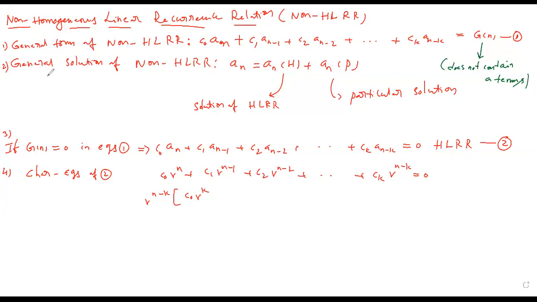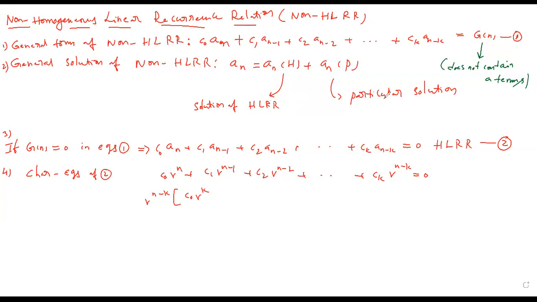Now, what is the general solution, or simply the solution, of the non-homogeneous recurrence relation? The solution contains two parts. The first part is the solution of the homogeneous recurrence relation, or corresponding homogeneous recurrence relation.